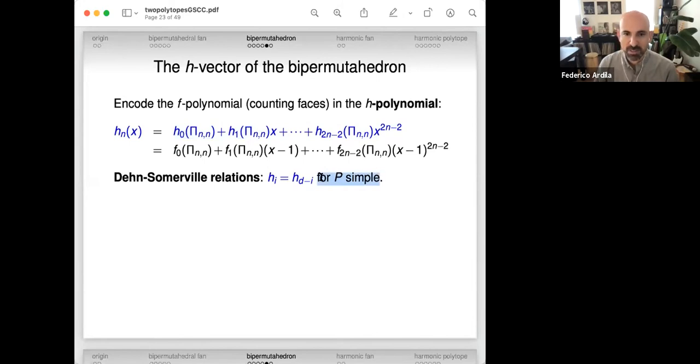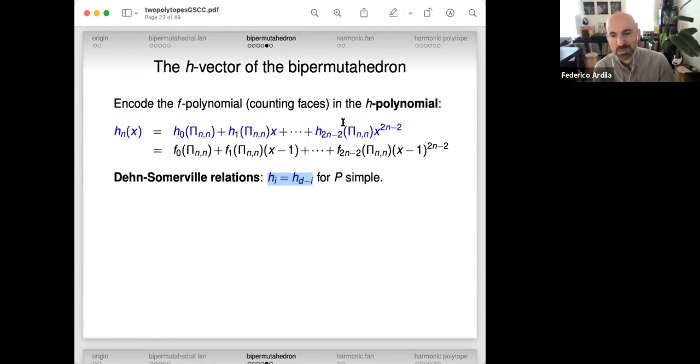So I'll say what that means in a second. But if your polytope is simple, then it turns out that the sequence that you get, h, is symmetric: h_i is equal to h_{d-i}. A simple polytope is, if you're in d dimensions, every vertex should have d edges. Okay, that's a simple polytope. In some sense, it's like a generic polytope in the sense that you don't have too many things meeting at a vertex.